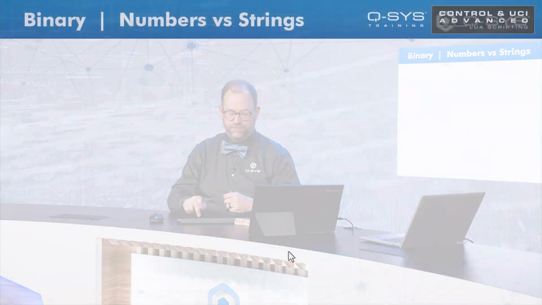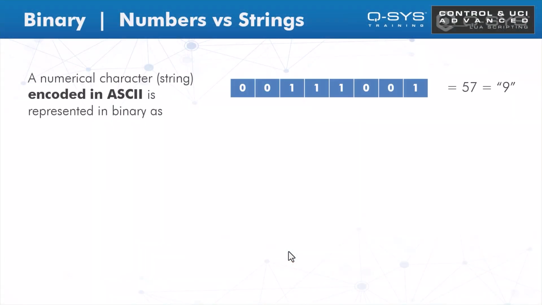So as we move forward, if we take the numerical character, here we are, number 9, the string character 9 on the keyboard, that corresponds, as we said, to the decimal number 57, which corresponds to the 8-bit reality of 00111001.